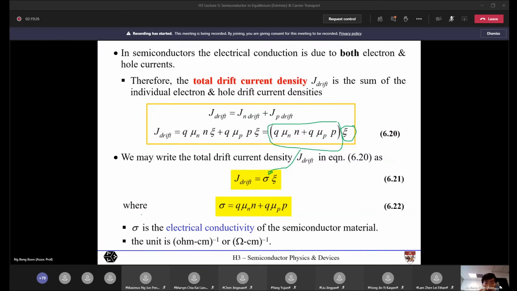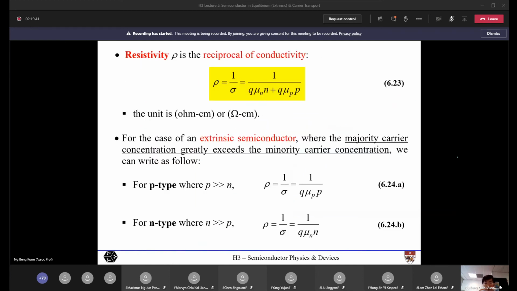The unit of conductivity is ohm centimeter to the power of -1, so it's per ohm per centimeter. In fact, if you take the reciprocal of the conductivity, you get another parameter called the resistivity. In this case, the resistivity unit is ohm centimeter.